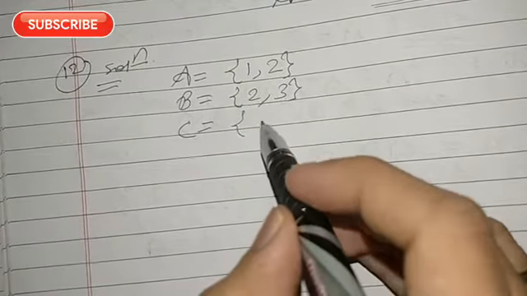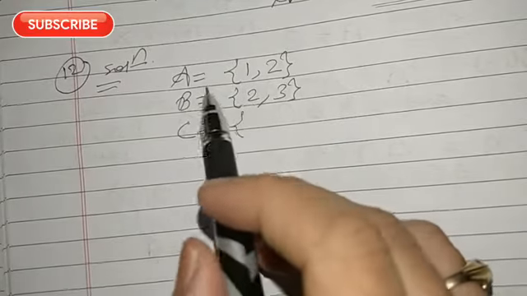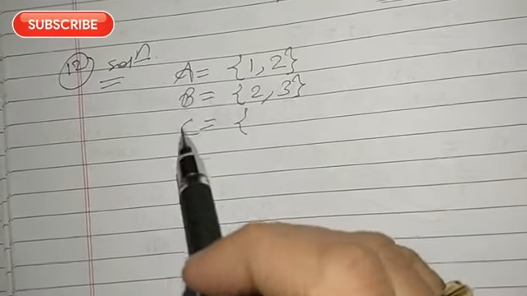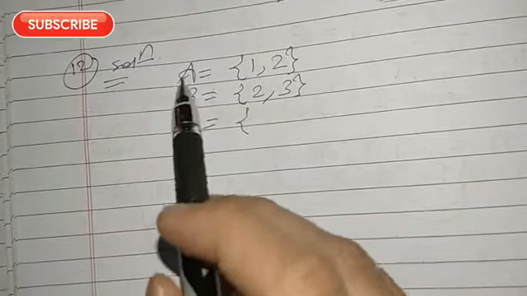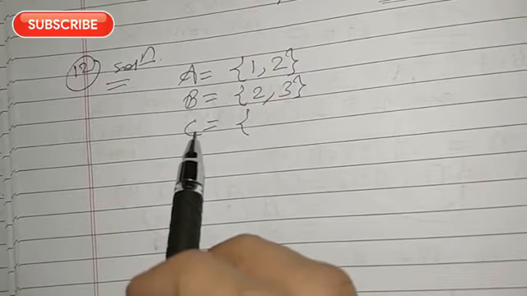Now let us take the set C. If you take set C, then A intersection C should be non-empty, right?